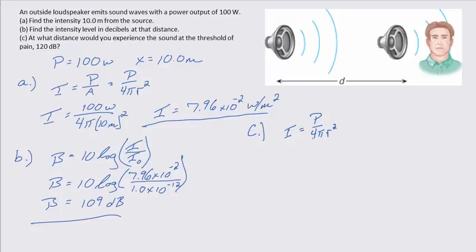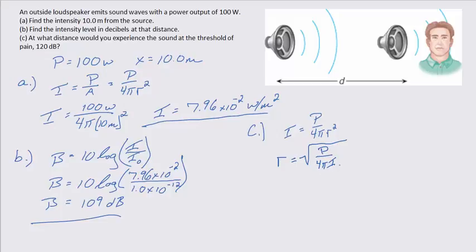And so we can rearrange this equation to solve for r, which will be our radius or our distance where we would experience the threshold of pain. So if we were to rearrange our equation to solve for our radius, we would end up with the equation that the square root of our power divided by 4 pi multiplied by our intensity would give us our radius where we would experience the threshold of pain.